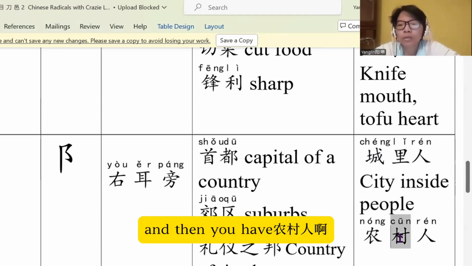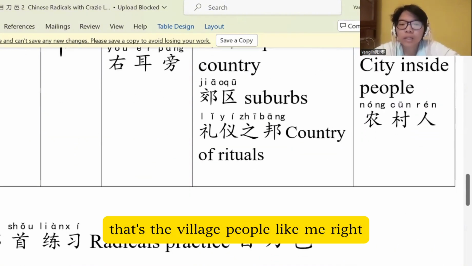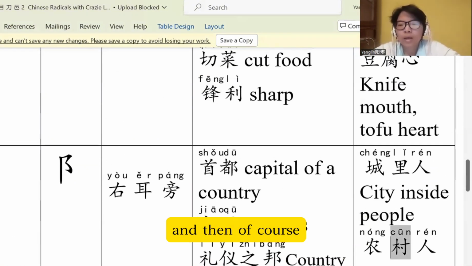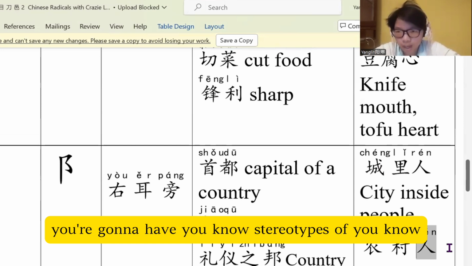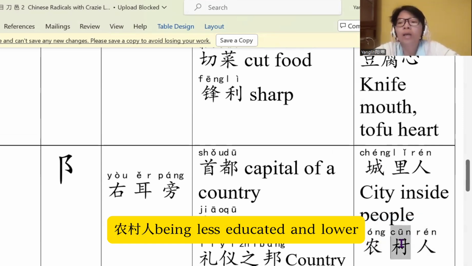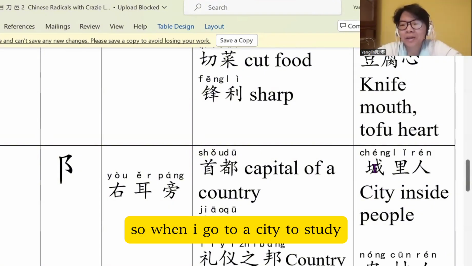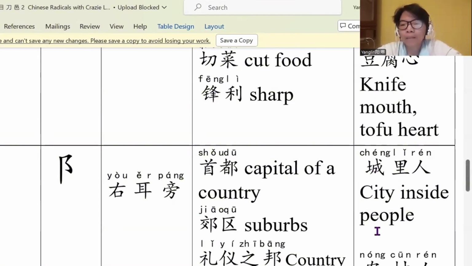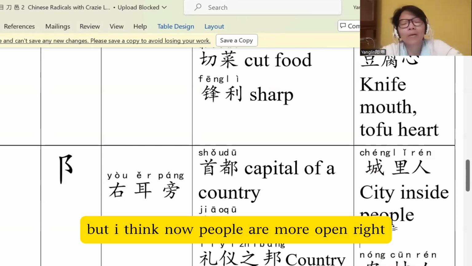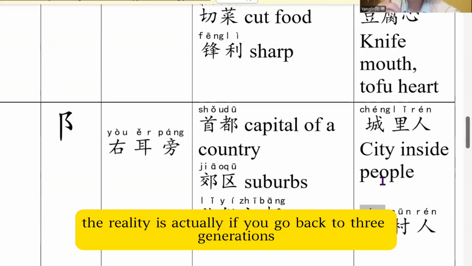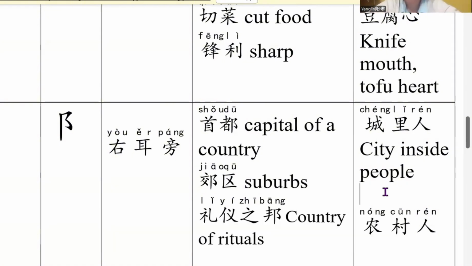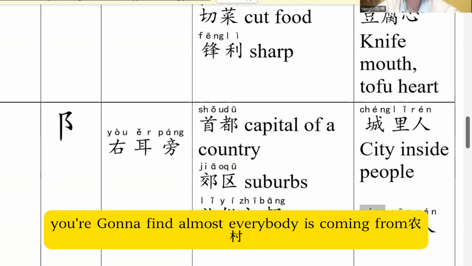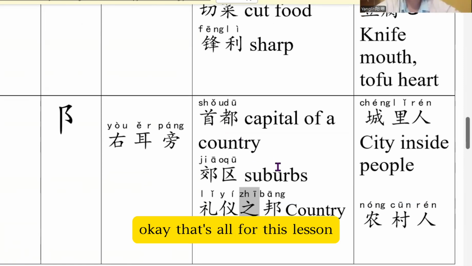And then you have 农村人, that's the village people, like me, right? And then, of course, you're going to have stereotypes of 农村人 being less educated and lower. So when I go to a city to study, people may laugh at me. It's like, oh, 你是农村人. But I think now people are more open, right? But the reality is actually, if you go back 3 generations, you're going to find almost everybody is coming from 农村.